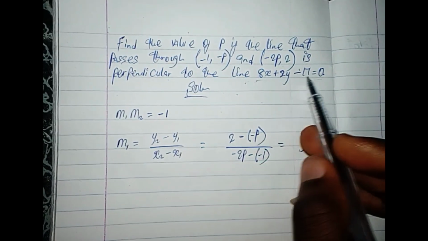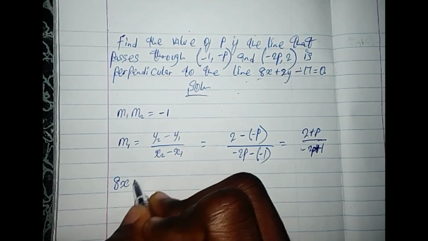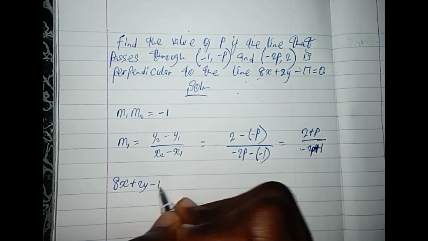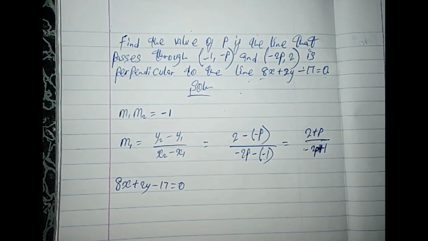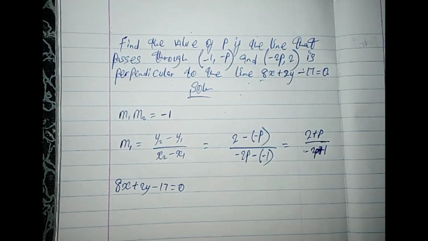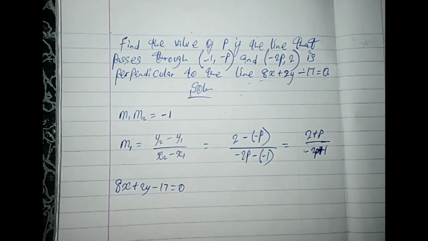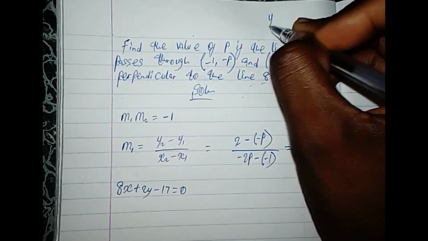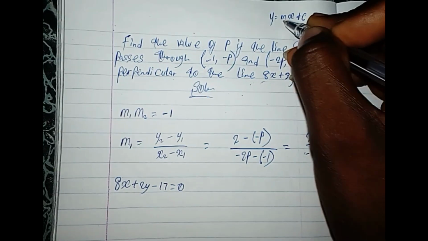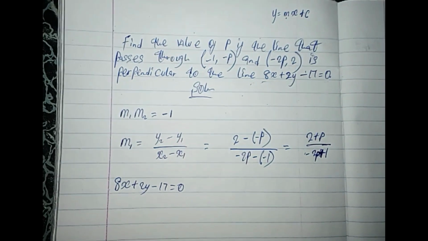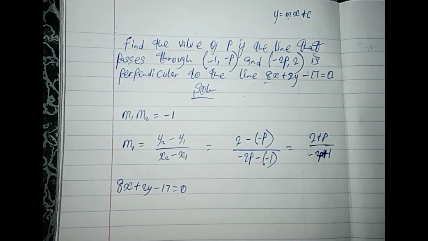We know this is an equation, so we can rearrange that equation, 8x plus 2y minus 17 equals 0. We can rearrange this equation in the form of the general equation of a line. The general equation of a line, as I always tell you, is y equals mx plus c, where m is the gradient of the line and c is the intercept the line makes with the y-axis.